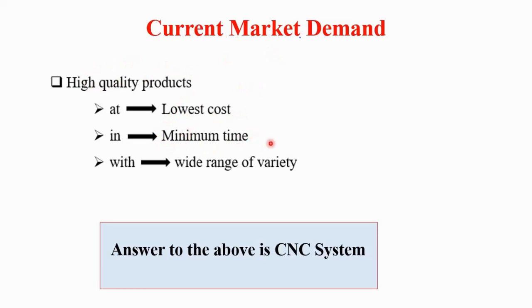The time required to produce the component should be less, the cost of the product should be low, and a wide range of varieties is required. All this is possible with the CNC system. The answer to all these problems is the CNC system: all the previously discussed difficulties can be overcome with the computerized numerical control system, the CNC machine.